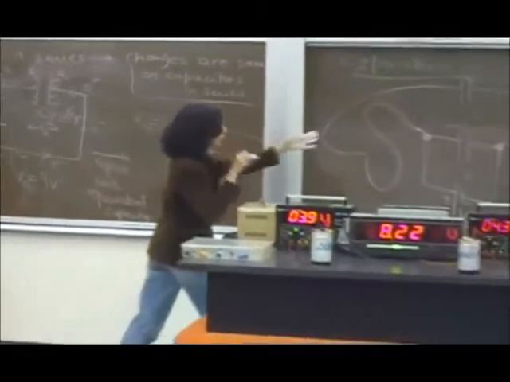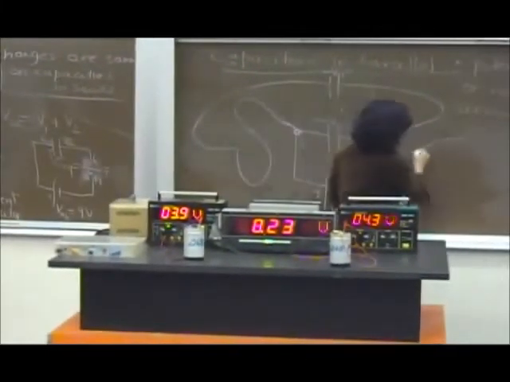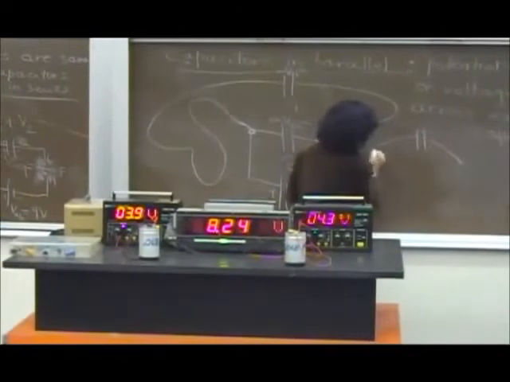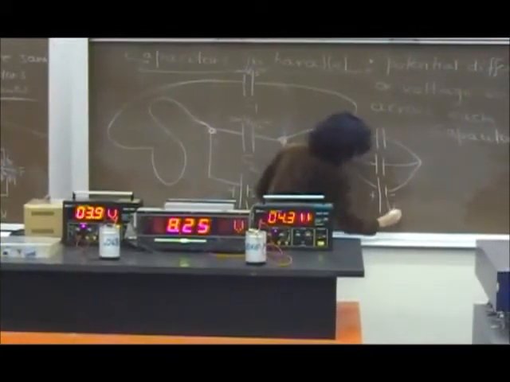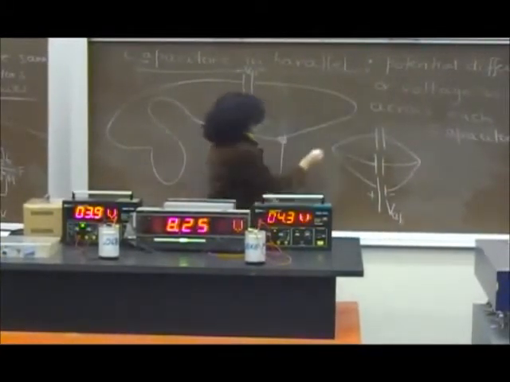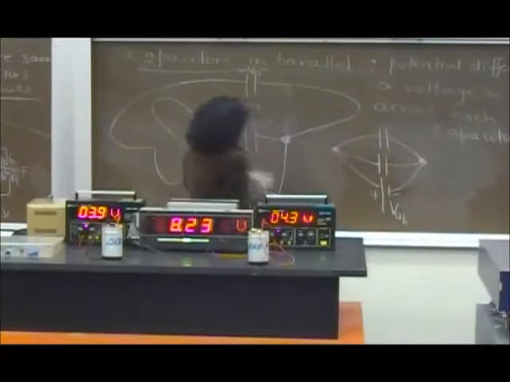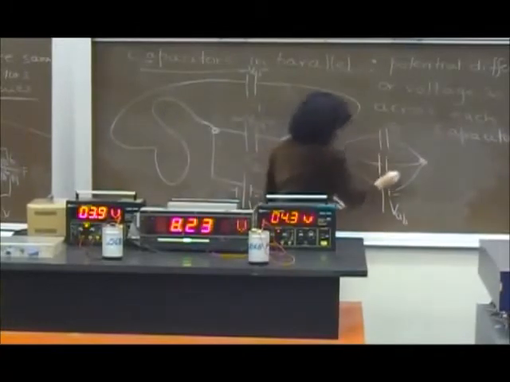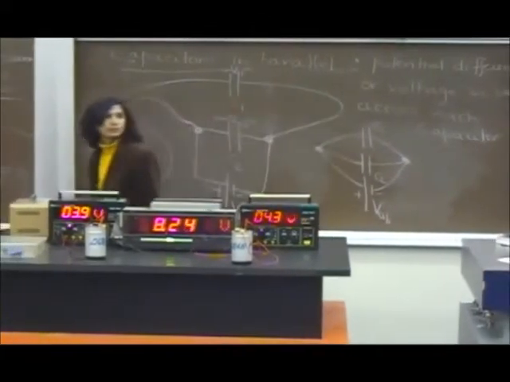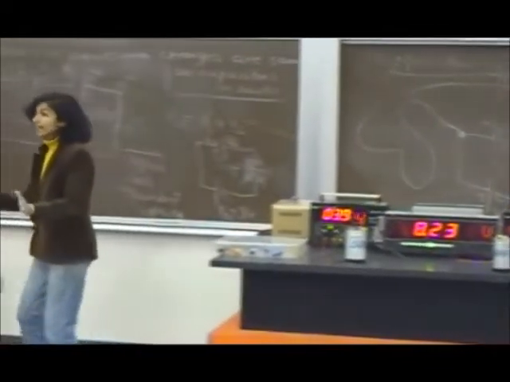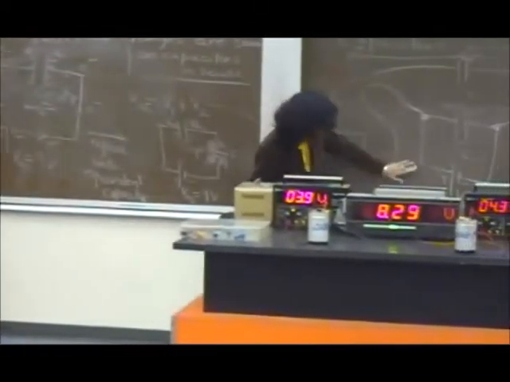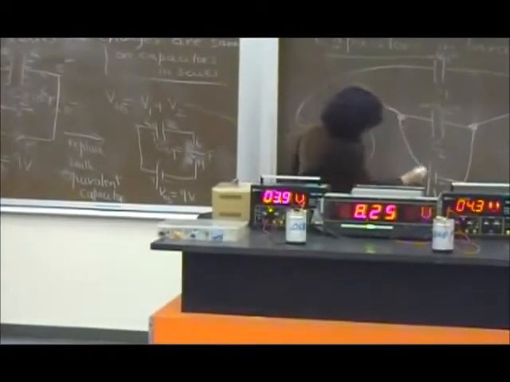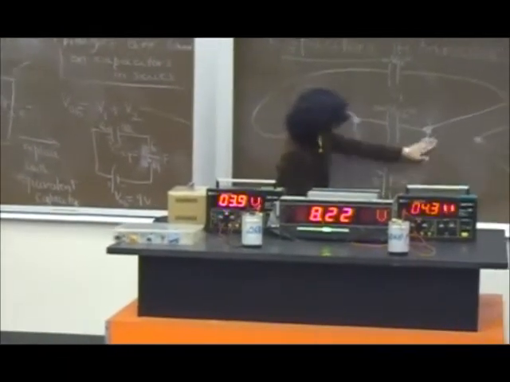Does that make sense? Let me ask you this question. Is this thing exactly the same as this? The answer is yes, because this thing is nothing but just a wire.